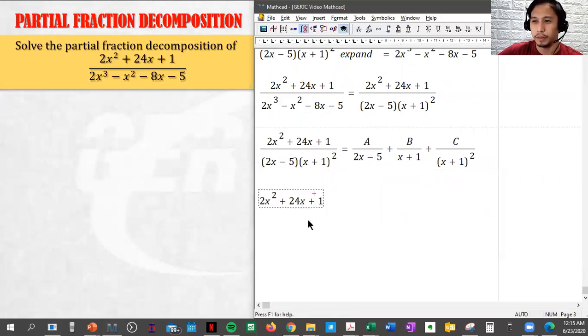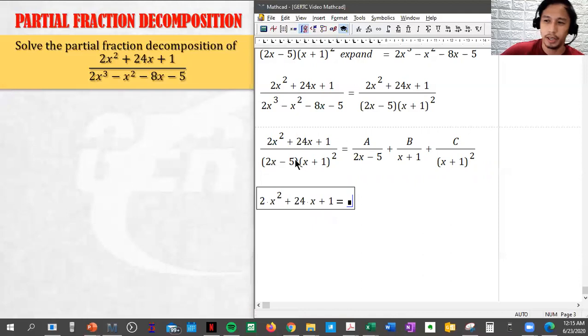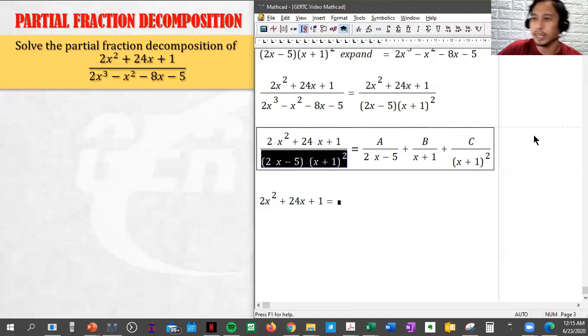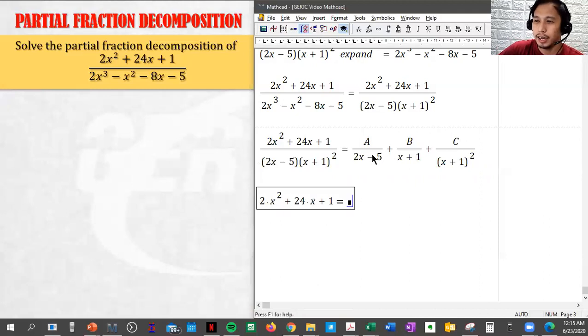So multiplying both sides by that, that will leave the numerator dito. Okay? Or just do cross multiplication, like transfer this to the other side. Multiply that to the other side. So upon doing so, this will leave us, di ba, makancel yung 2x minus 5 dito. So that is times x plus 1 squared, okay, plus b times what?